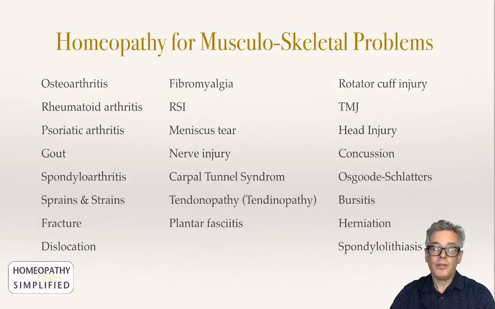However, we need to know the disease diagnosis because we need to follow the change in symptoms, or non-change in symptoms, after a remedy. So you need to know how a concussion recovers. You need to know what temporomandibular joint syndrome is like, and how it would recover after a remedy.